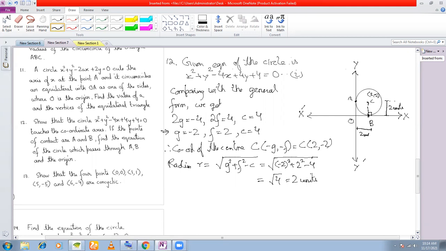If it touches the x-axis, the radius must be equal to the y-coordinate, right? So is it equal? If you see, the radius we have got as 2 units. Is it equal to the x-coordinate? Yes. So here the radius r is equal to 2 units, right? And what is the x-coordinate of the center? Rather, the y-coordinate of the center?